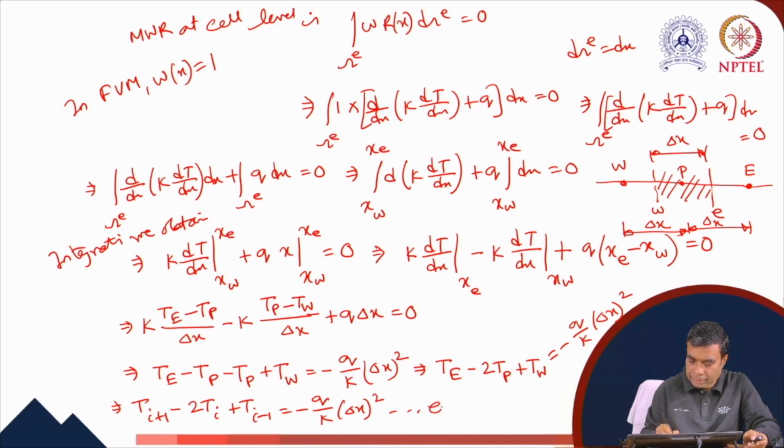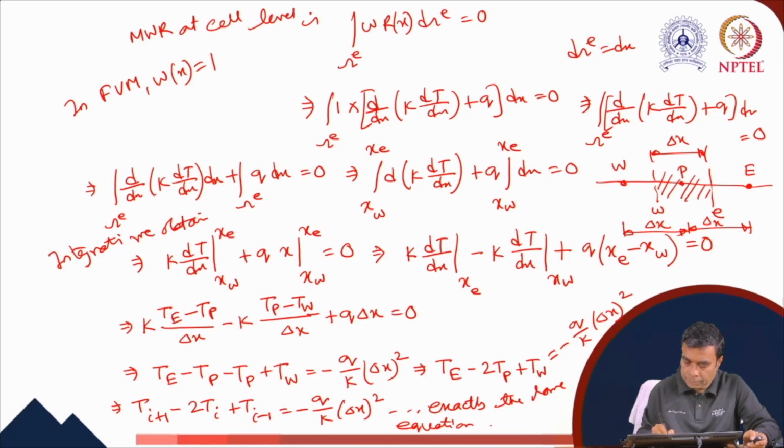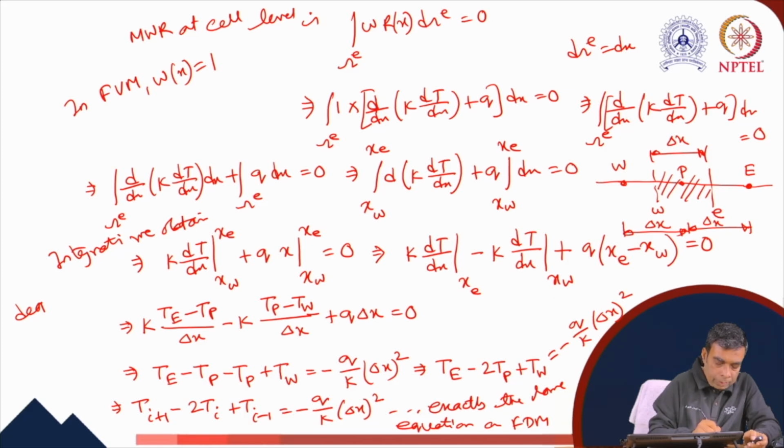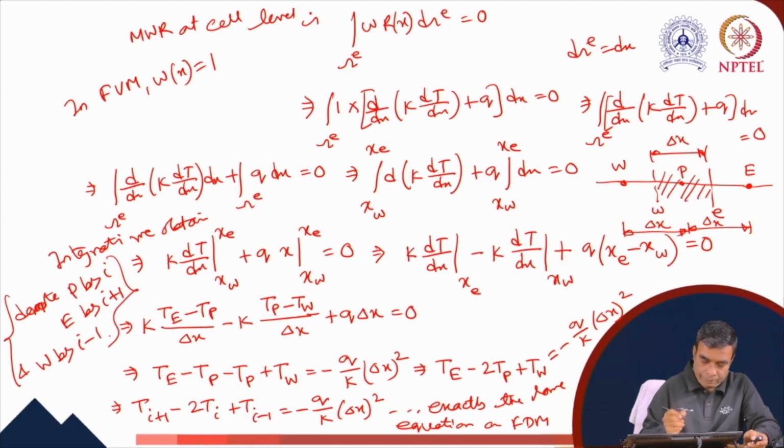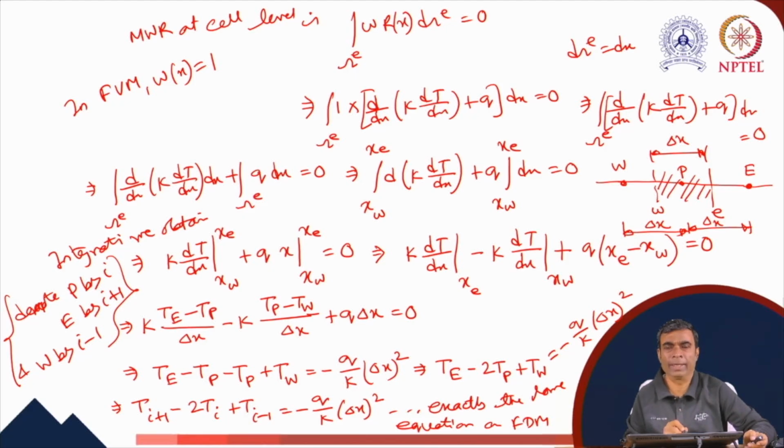This is exactly the same equation which we obtained in the finite difference method, exactly the same as FDM. So denote P by I, E by I plus 1 and W by I minus 1. If we do this, we get the same algebraic equation as we got for the finite difference case.